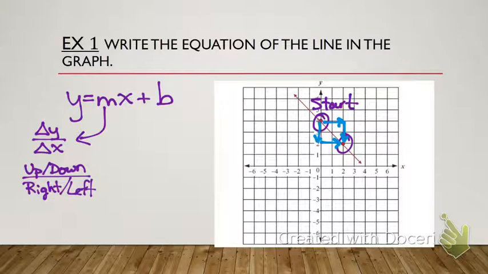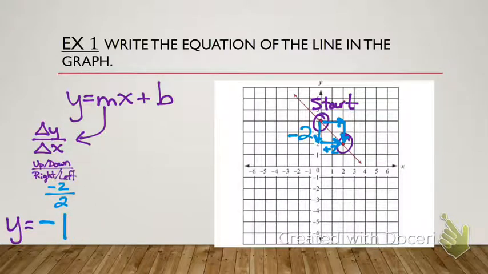Whenever we move down, we represent that with a negative symbol. So if I move down, I'm going to move -2. And then I moved right 2, which is a positive direction. Our rate is now becoming -2 divided by +2.